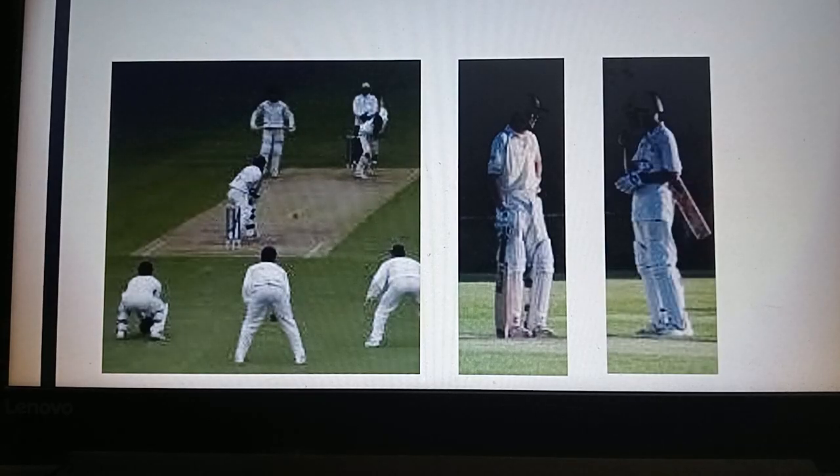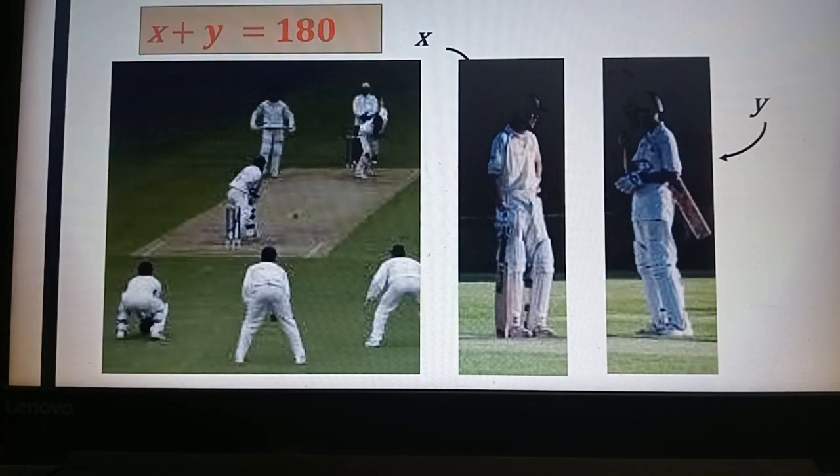Here we require two variables, score by player 1 and score by player 2. Let us take x variable for player 1 and y variable for player 2. So if the score is 180, you get the equation x plus y is equal to 180.